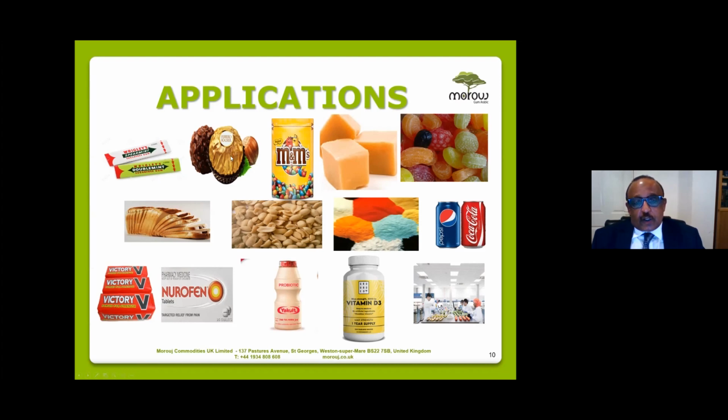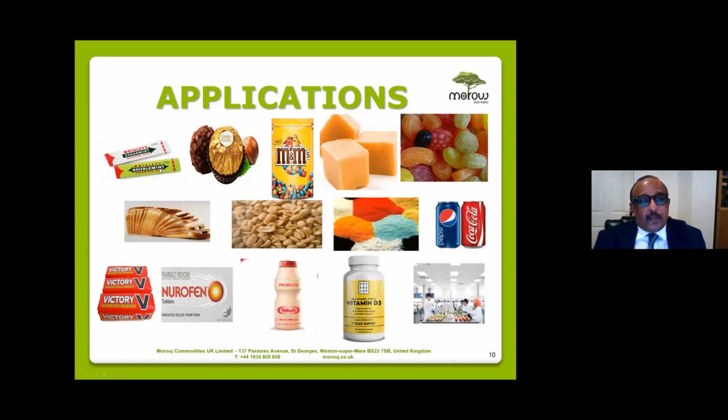In nut coated chocolates like Ferrero Rocher and M&M products, they add gum solution to make a film or seal around the nuts to prevent the seeping of oil and moisture from the nuts to the surface. The purpose of that is to keep the chocolate coat crunchy.